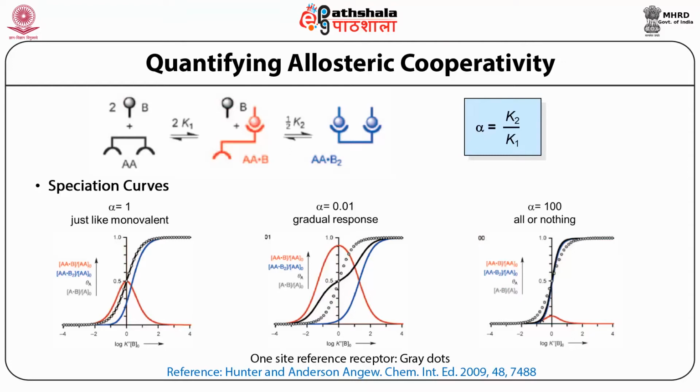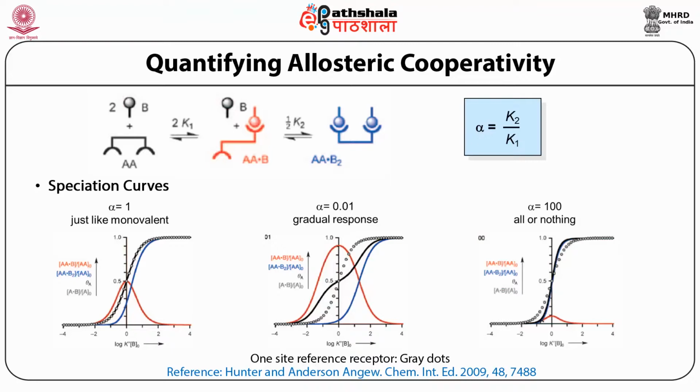So basically the black trace and the gray dots always superimpose on each other, and you have a significant amount of intermediate concentration developing, and then you go to the final product, when you plot these parameters against the ligand concentration. In the second case, with negative cooperativity, you see a gradual response.